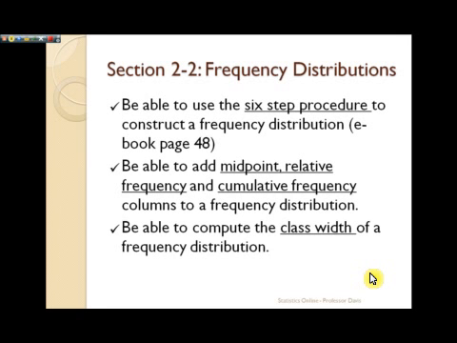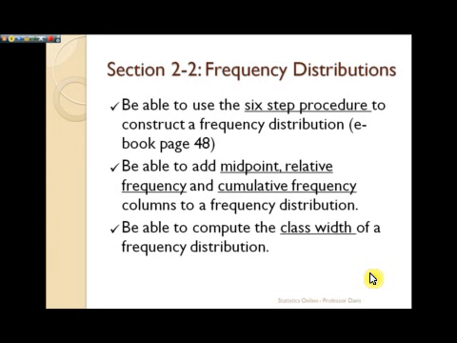Also, once we get that frequency distribution done, we want to be able to add on a few extra columns for it. First, the class midpoint, we want to be able to add that column to compute the midpoint of a class. Then the relative frequency, that's where we take the frequency of a class and divide that by the complete sample size.